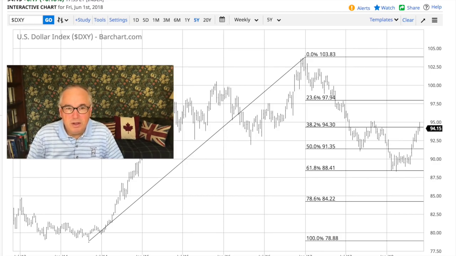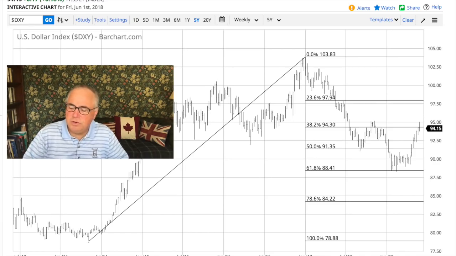Some people still, nature and markets are quite related in my opinion, and that's why the Fibonacci golden mean is so amazing to look at. Look at where we touched, the low in the dollar recently. It's, let's see, 12th of February. The low was 88.25.